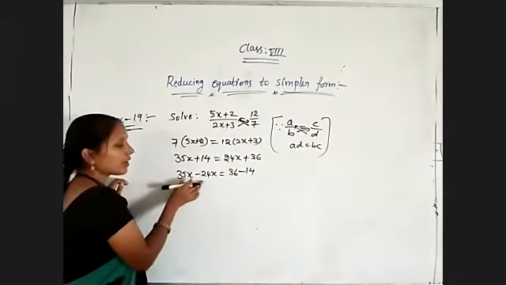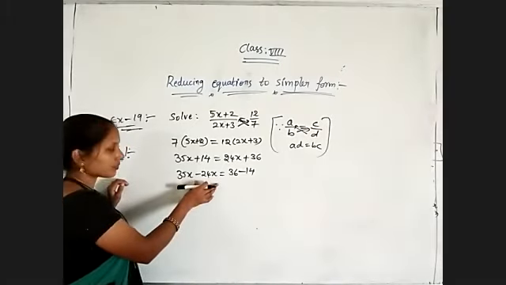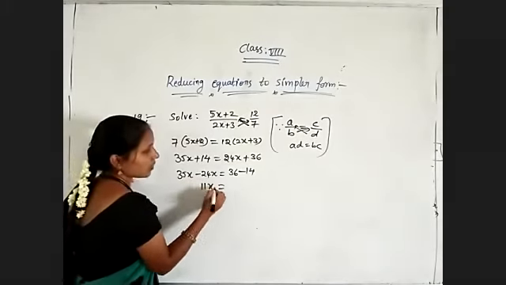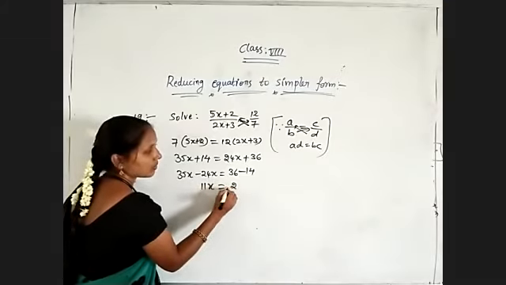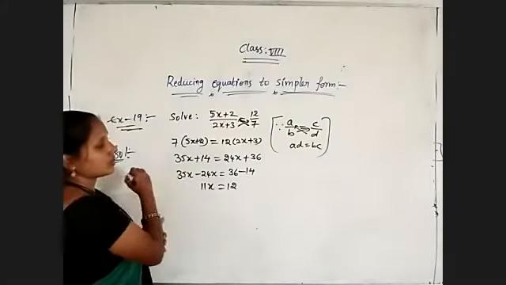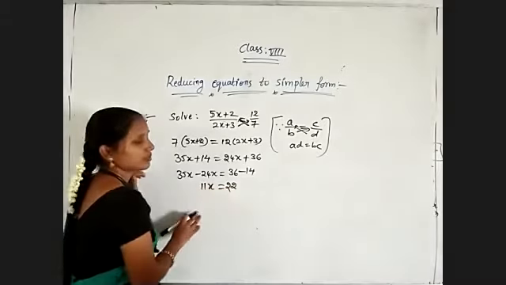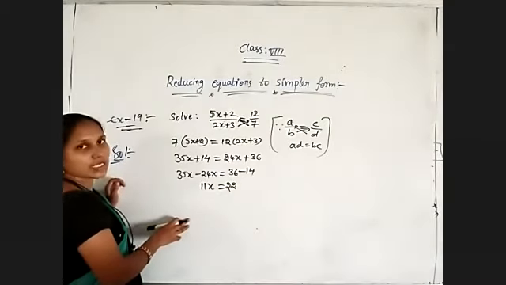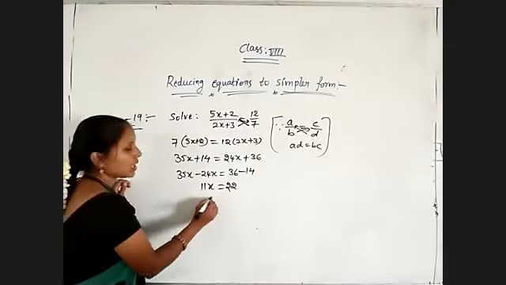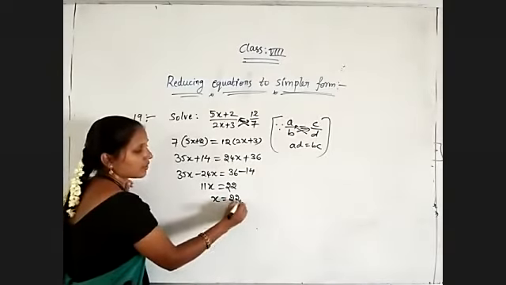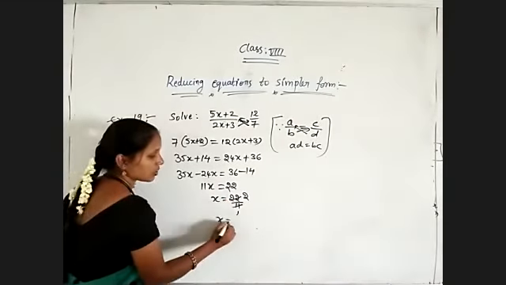Now 35 minus 24 is 11. 11x is equal to 36 minus 14, which is 22. Then x is equal to 22 by 11, so x is equal to 2.